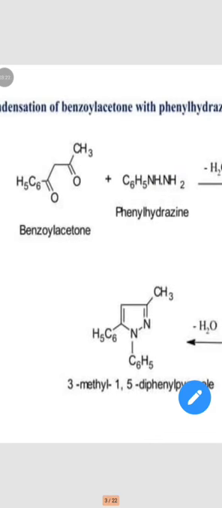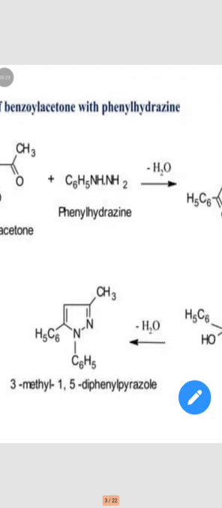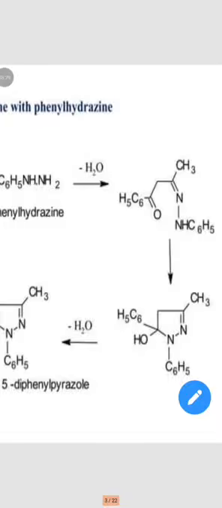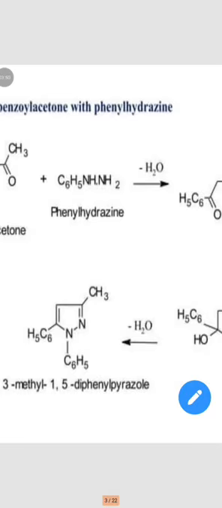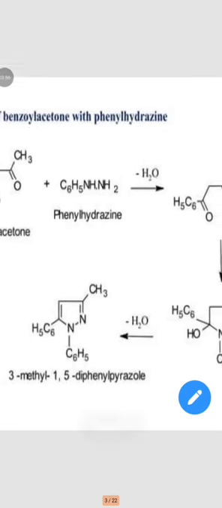Benzoyl acetone is reacted with phenylhydrazine to form a product, with removal of a water molecule. Then the intermediate product loses another water molecule to form a derivative of pyrazole, 3-methyl 1,5-diphenyl pyrazole.